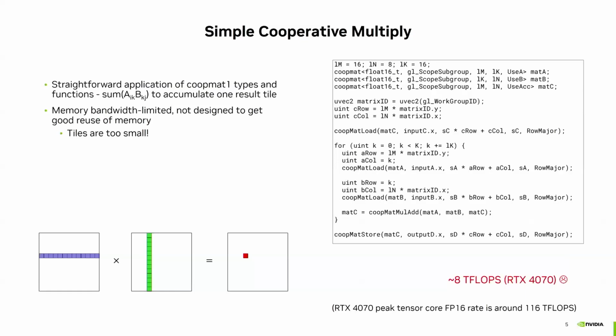If you do this, I got about 8 teraflops on RTX 4070 out of a theoretical peak of 116. So that's a sad face. And the problem is really that the tiles are too small. The data ends up getting fetched repeatedly. There's not enough reuse, and so it ends up being memory bandwidth limited.